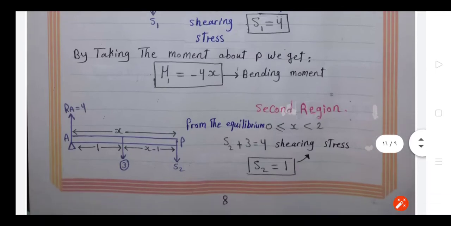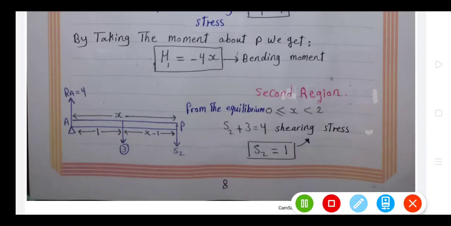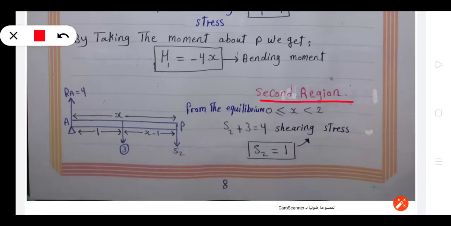Studying the second region, part 2. It's before weight 6. Let we have point P, whose distance is x, weight is 3, and this distance is 1. To find the distance between 3 and S2, the total length is x and this part is 1, so the distance from 3 to S2 is x minus 1.